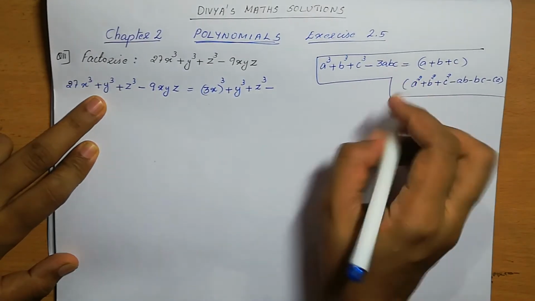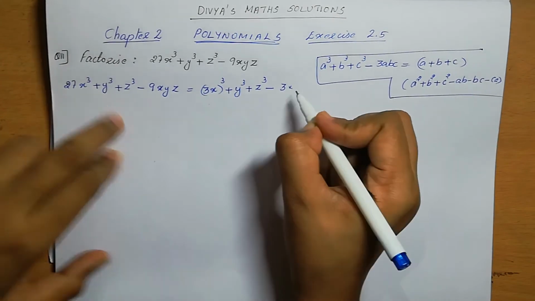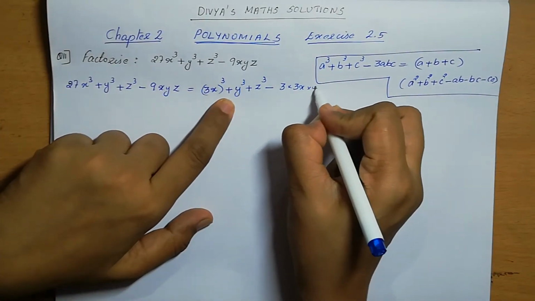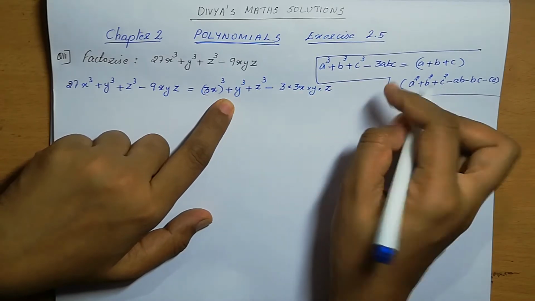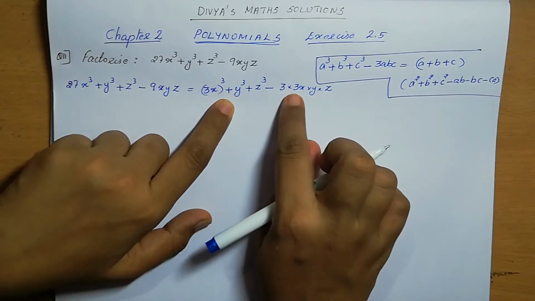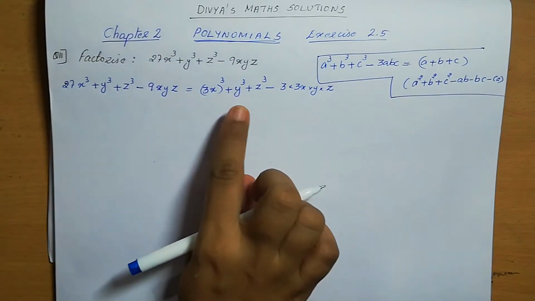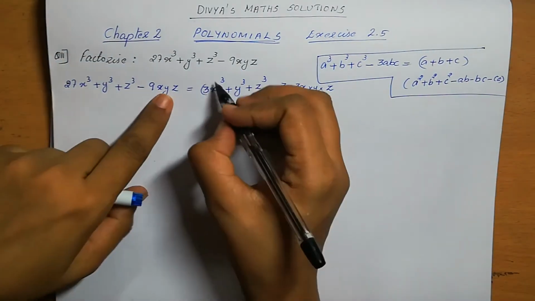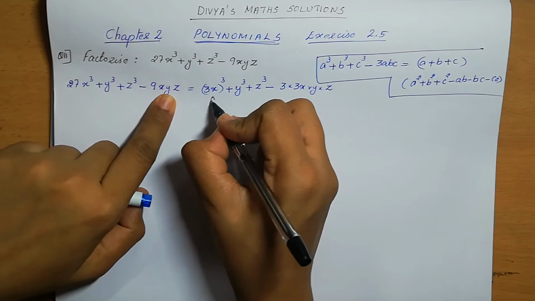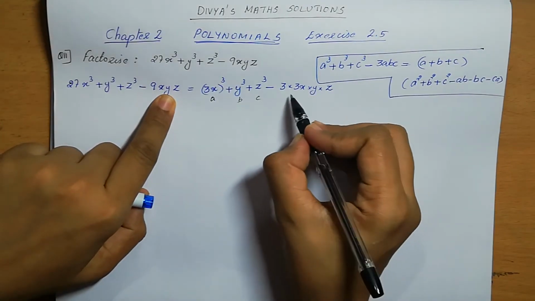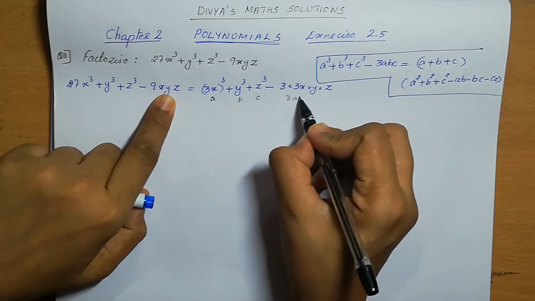Next term is 3abc. That means 3 into, here a is 3x, b is y and c is z. That means 3 into 3 is 9xyz, correct? This is satisfying. Now this is in the form of a cube, b cube, c cube, and then 3abc, right?